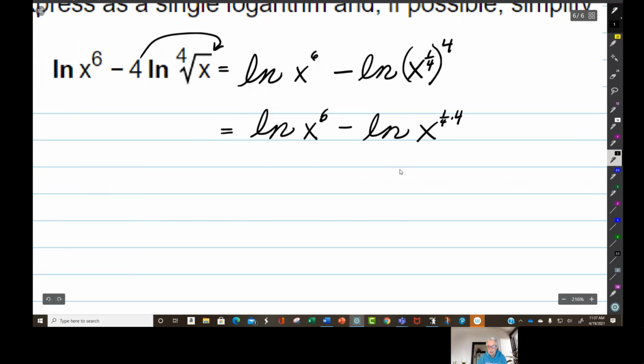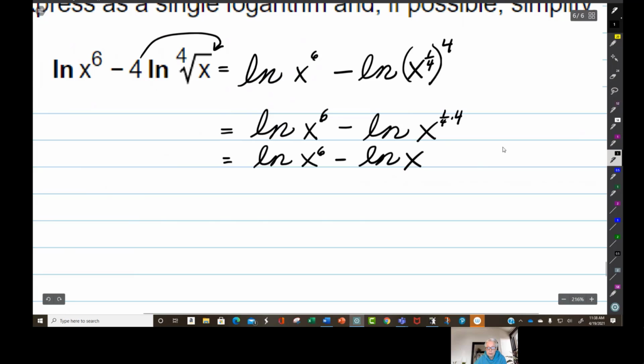And that's 1. So this is going to be the ln of x to the 6th minus, you're kidding, the ln of x.